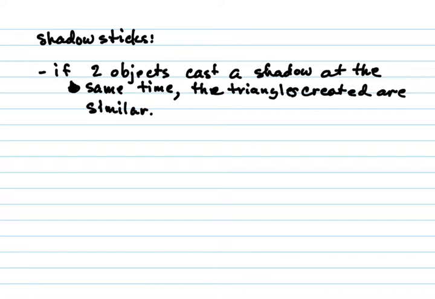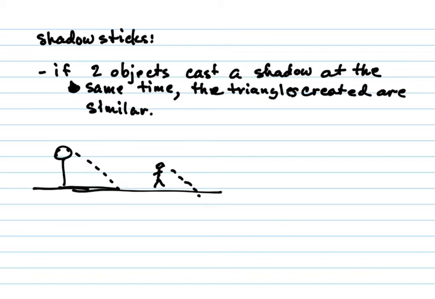So for example, let's say you have a tree on the ground, and you have a person standing there, okay? And each one of them casts a shadow. Well, the triangle that's formed by those shadows, the object standing up, the ground obviously is the base, and then the hypotenuse is that shadow, those two triangles, if it's done at the same time, will always be similar.